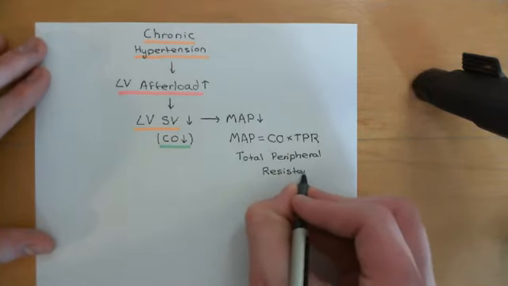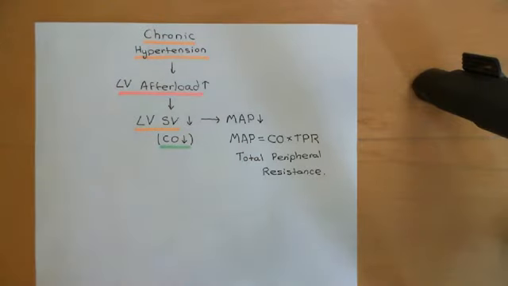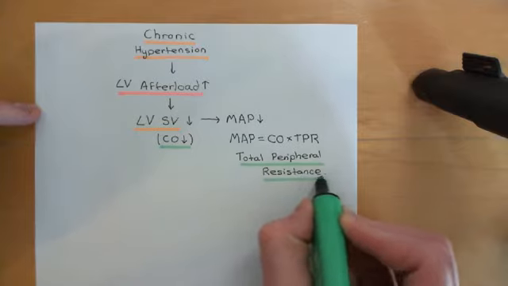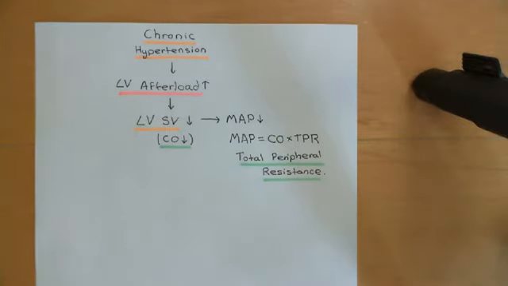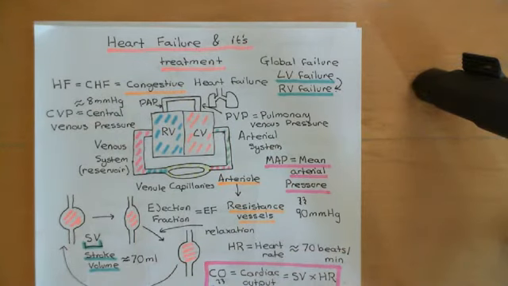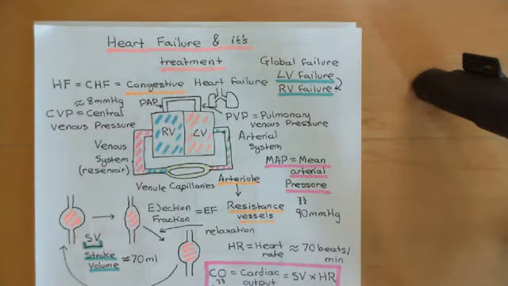Well, total peripheral resistance means how difficult it is for blood to move back from the arterial system to the venous system. So let me explain this in more detail, so I'll get my picture back up. Okay, so we've said that mean arterial pressure is going to depend on how much blood you are moving from the venous system to the arterial system. That makes sense. Okay, so it's going to increase as cardiac output increases.